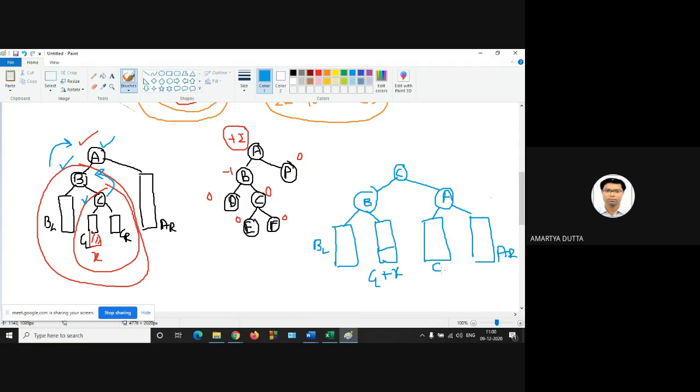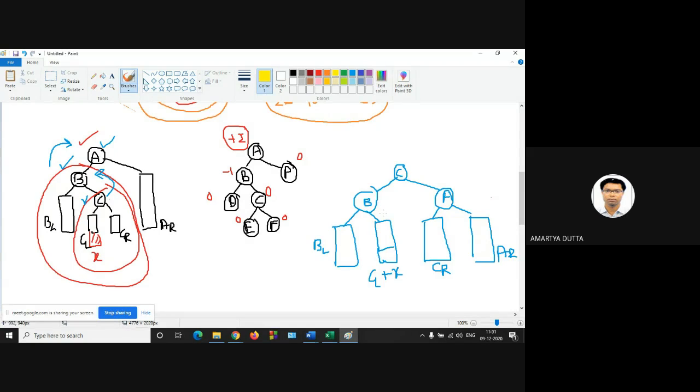This is a little bit complicated rotation. Actually, the double rotations, LR and RL, are a little bit complicated compared to the single rotations, LL and RR. In case of double rotation, you have to rotate two times. For LR, RR followed by LL. In case of RL, LL followed by RR.